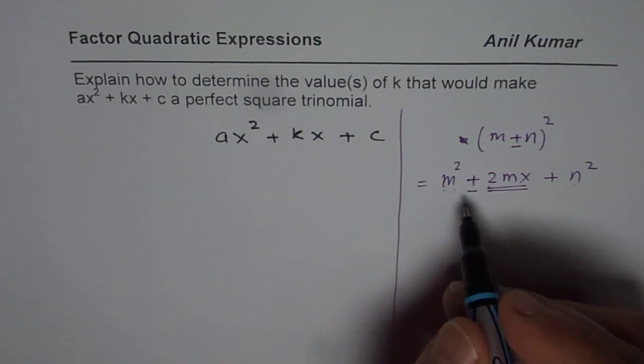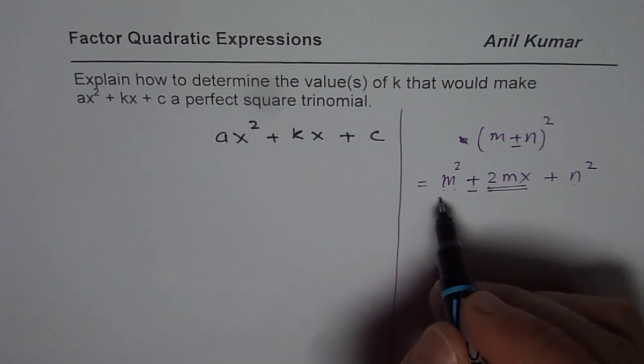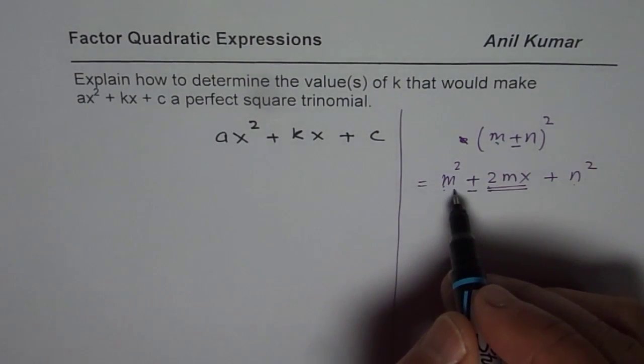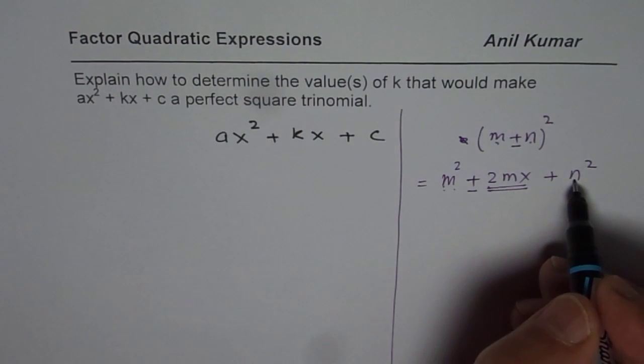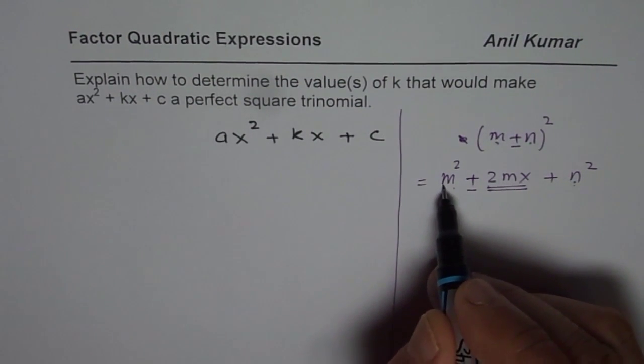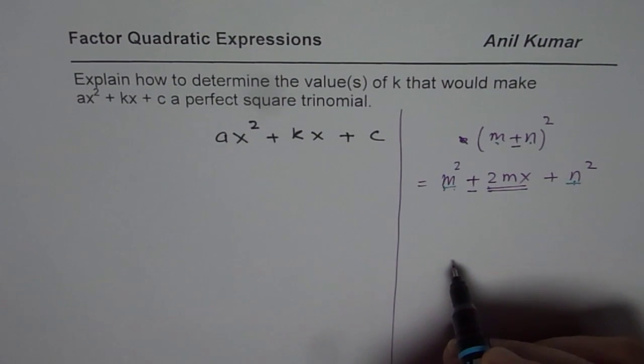So what is the square root of this term? Let me write it like this. m is the square root of m squared, right? And n is the square root of n squared. And the center term is the product of m and n. Do you get the idea, right?